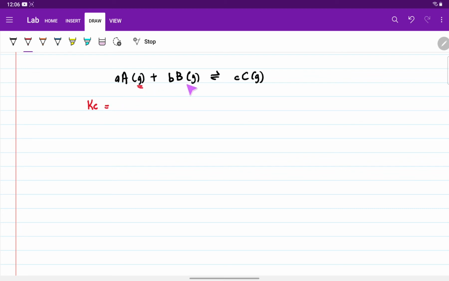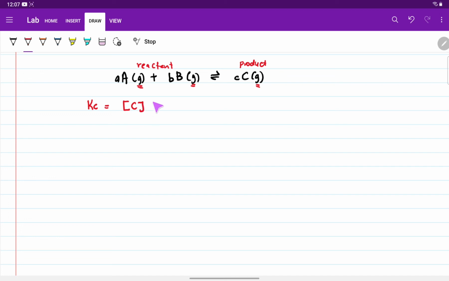So, semua adalah gas. Jadi, kita akan tulis Kc expression untuk semua. So, Kc adalah concentration. Jadi, macam mana awak akan tulis? Product. So, this is the product. Okay, and then these are the reactants. Okay, jadi ratio product kepada reactant. So, awak akan tulis macam ni.